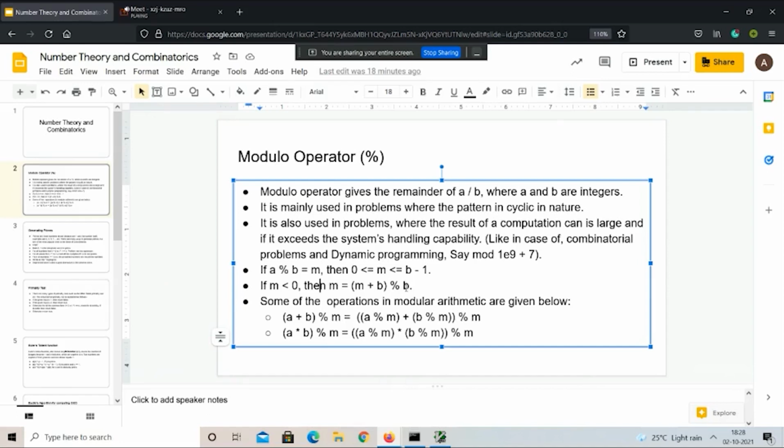If a is a negative number, then add b to a till it becomes non-negative, and then take modulo by b.